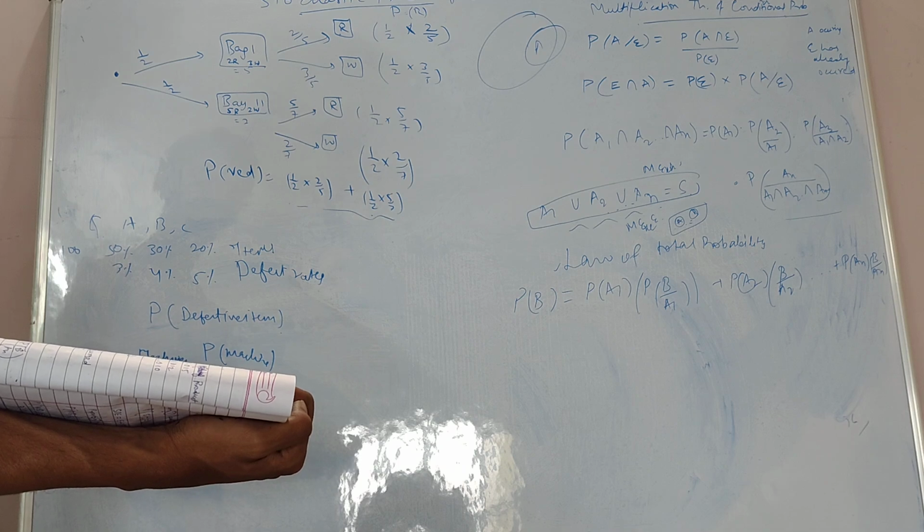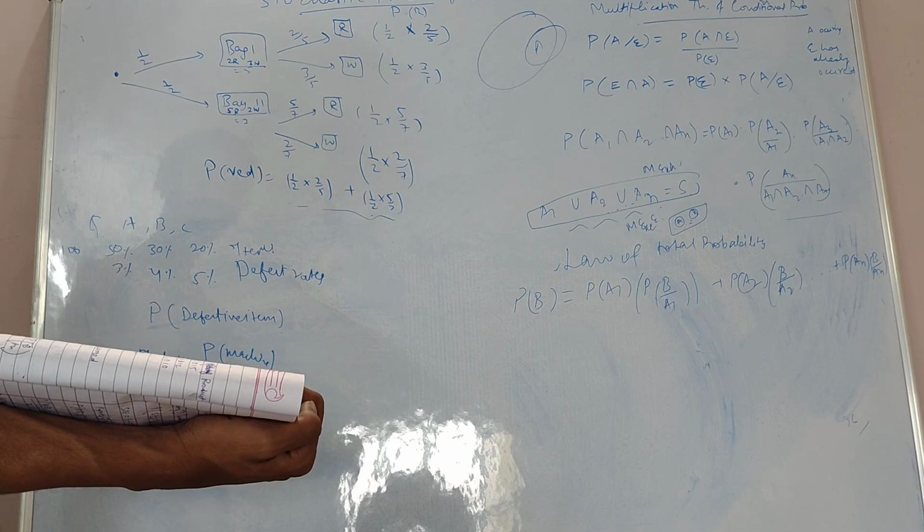Similarly 30 by 100 is 0.3, and 20 by 100 is 0.2.